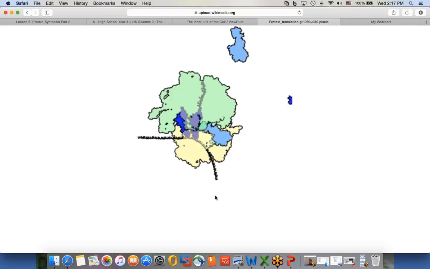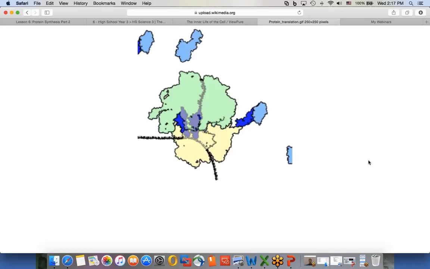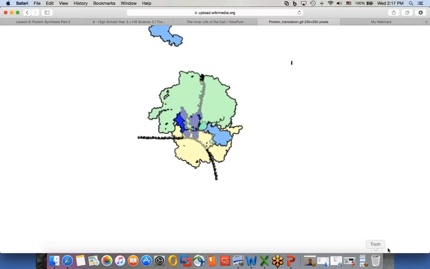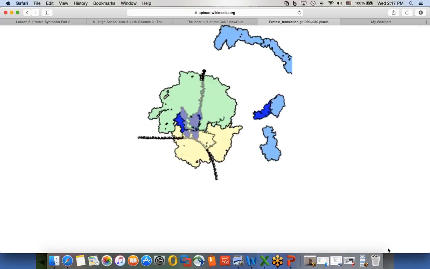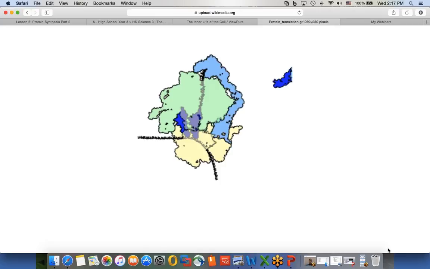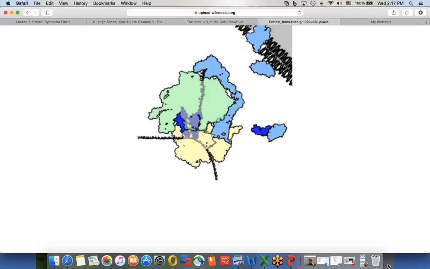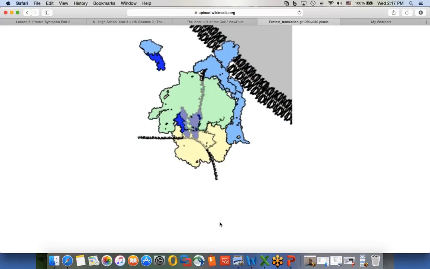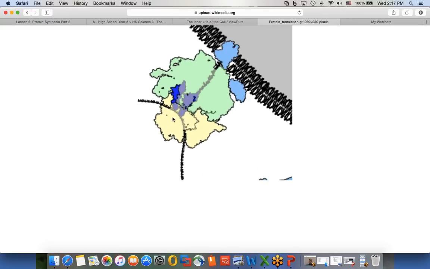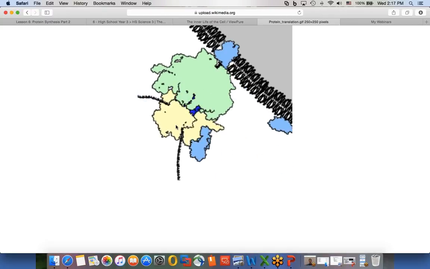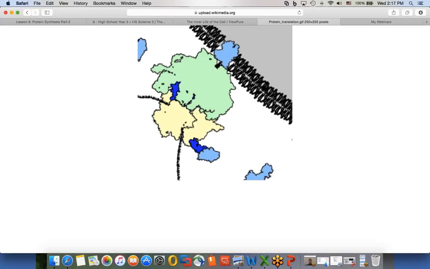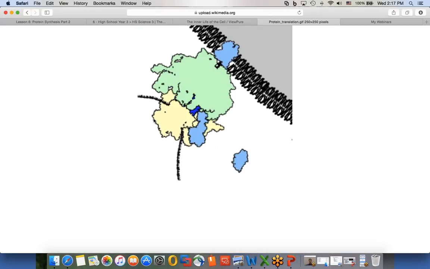What is going on with the messenger RNA that they move? Is it translating to protein? Yes, that is correct. It's translating to the protein.